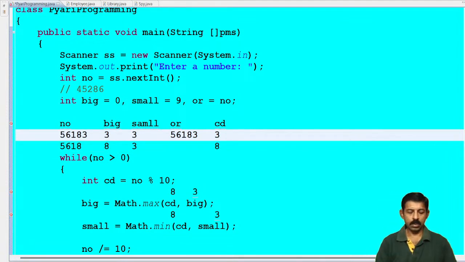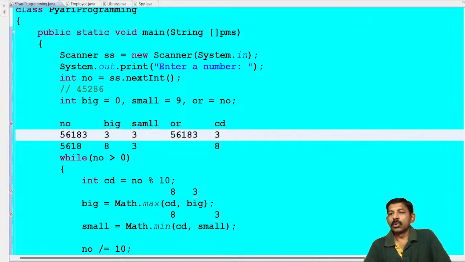Understood? So do you need any further dry run?